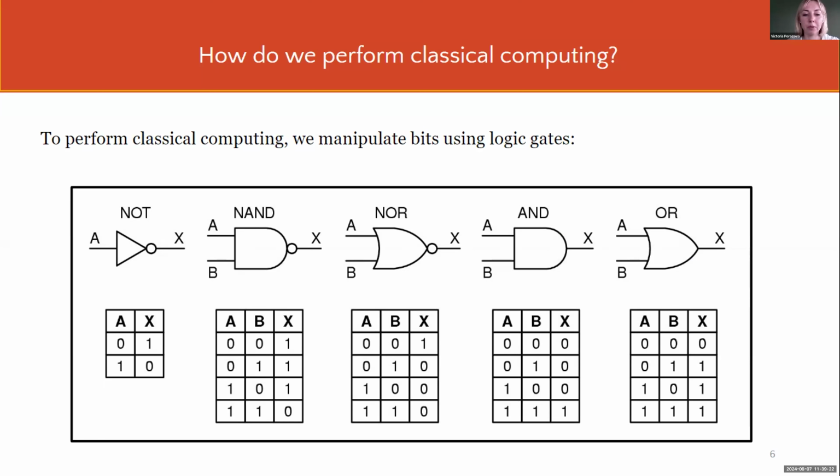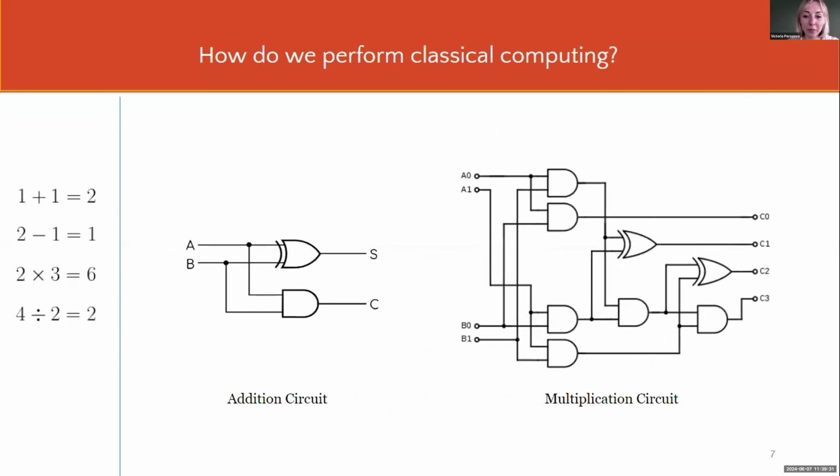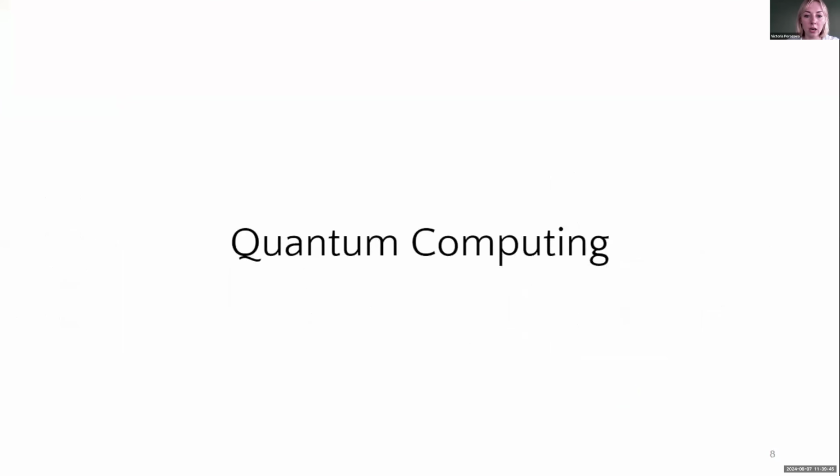I'm a theoretical physicist, I'm not from computer science, so you probably know more about this stuff. Those are representations of logical gates in classical computing, where the combination of them will perform some arithmetic operations such as addition, subtraction, multiplication, and division. Now let's quickly move to quantum computing.